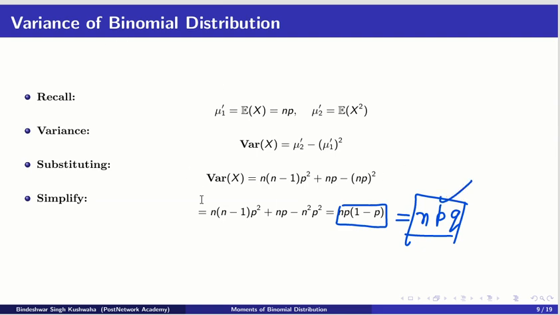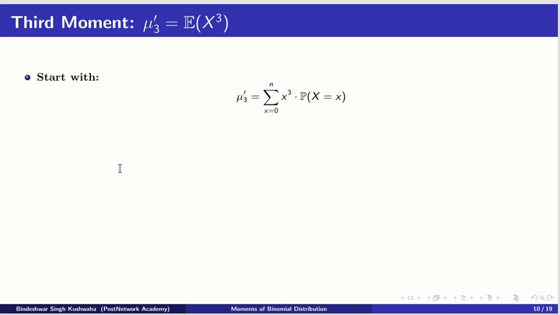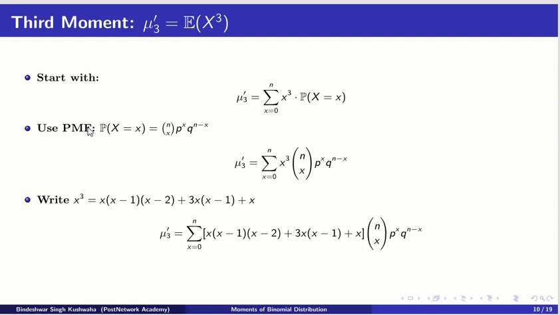So that is variance. Now let us see the third moment about the mean. We'll start with this one. Here that would be x cube and the probability distribution. Now we'll use another identity like this one. Instead of x cube, we will plug this one, that too is equal to x cube.